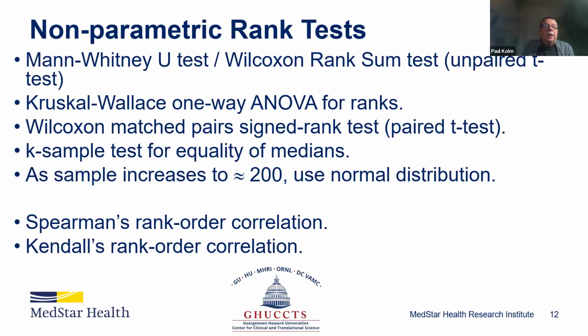For larger sample sizes, they essentially turn to the normal distribution to come up with a p-value or probability for the test statistic. And then there are a couple of rank order correlations where we use ranks instead of the typical correlation coefficients: Spearman's and Kendall's rank order correlations.